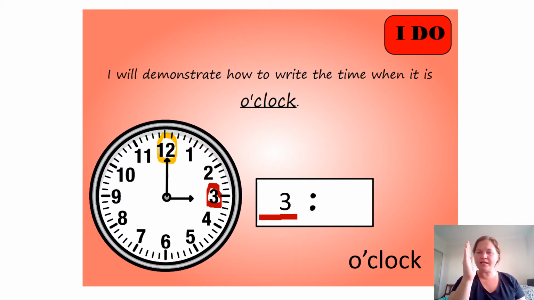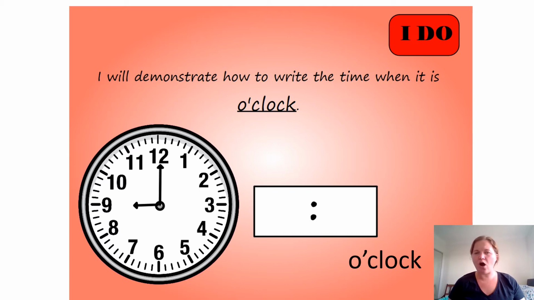When the minute hand's on the 12, it means it's o'clock. When I write o'clock in my minute section, I show o'clock by putting a 00. This time is read as 3 o'clock.